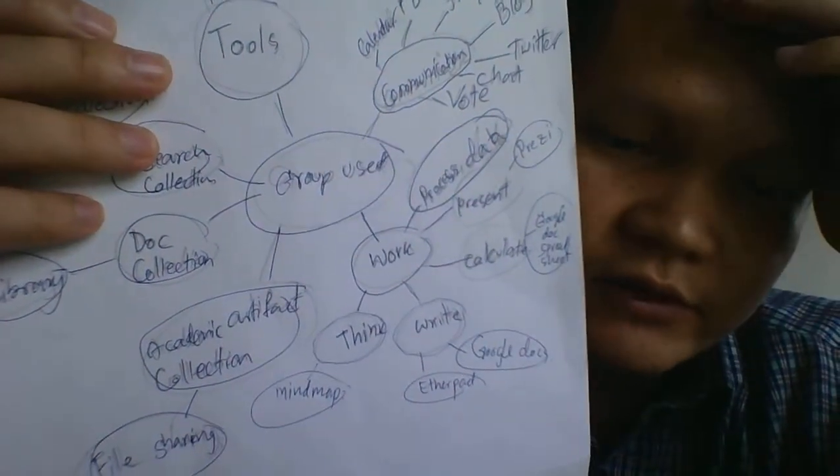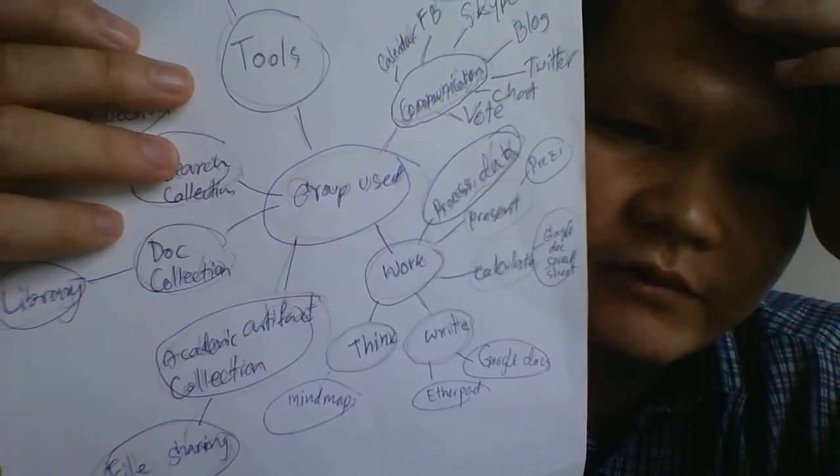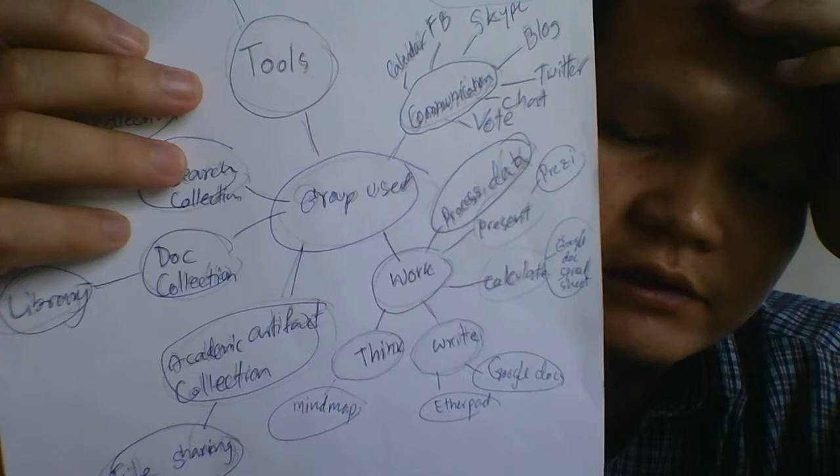Please look for more information from the internet, not only on Google but also on library search. There are many tools, many patterns, and many practices reported as academic work. So you can see not only the list of tools, but also the cases or practices of how people use them for working. These two you can see as separate, but to use them in a group you have to combine them, and they have to match each other.